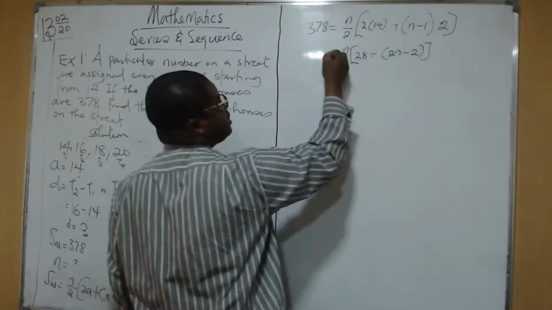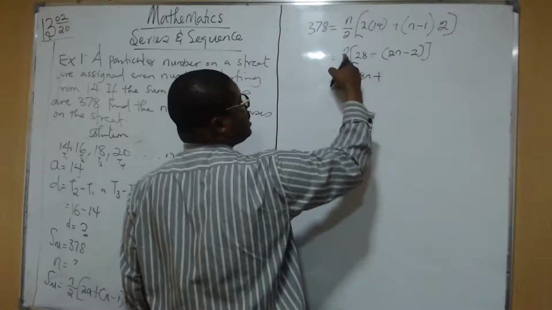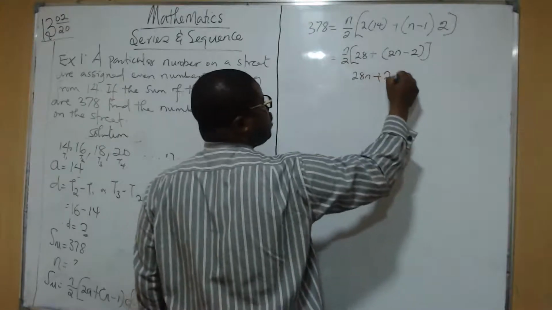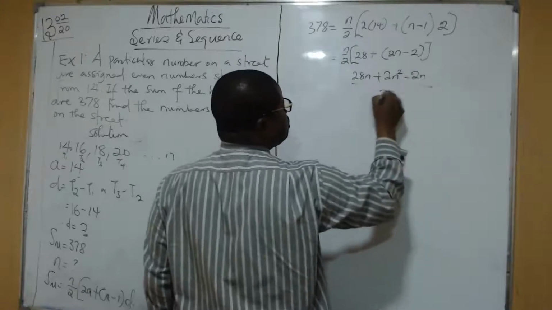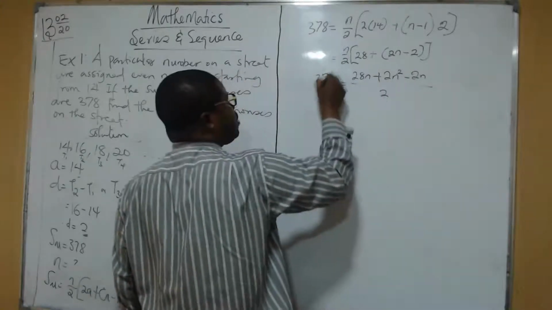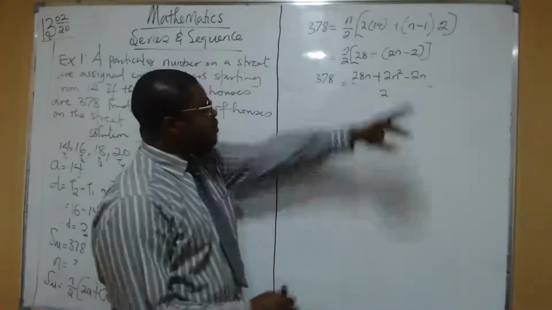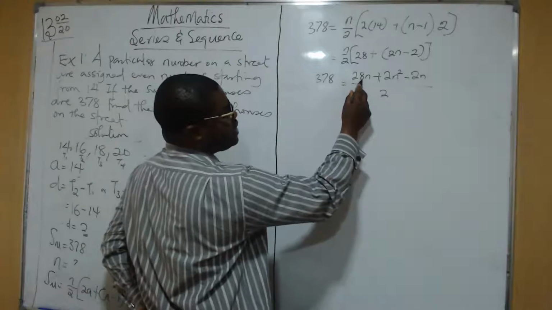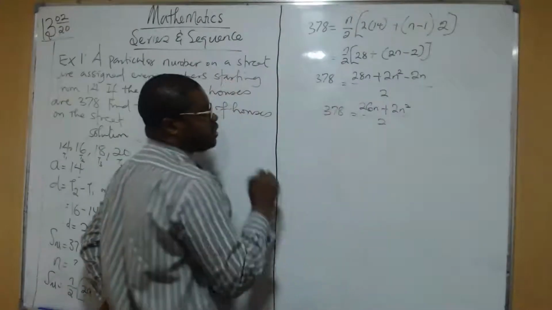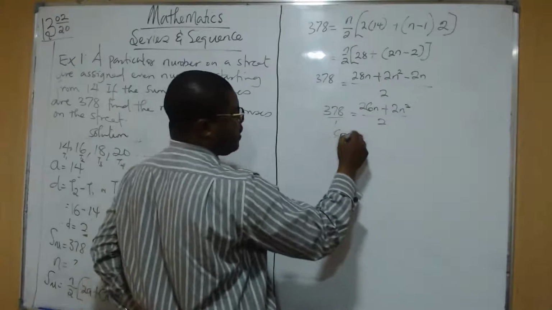Now n times 28, we have 28n, plus 2n squared minus 2n. Now divided by 2 equals 378. Having this, we have two like terms: 28n and minus 2n, giving 26n.